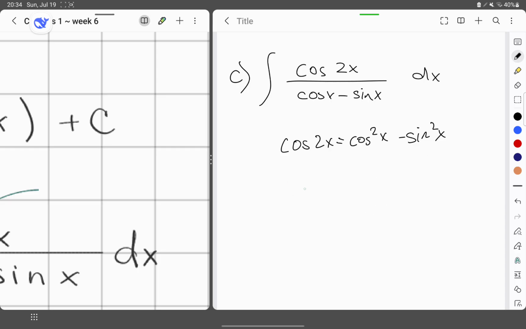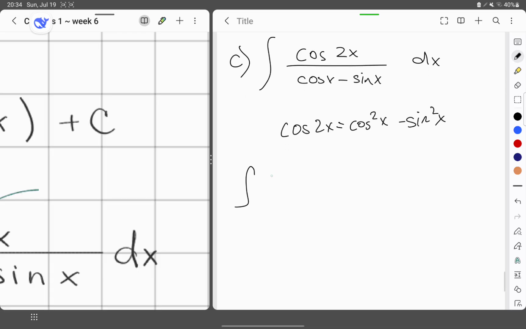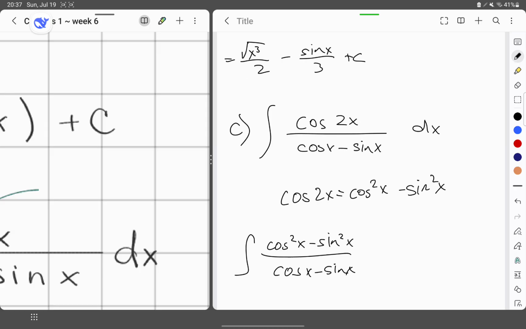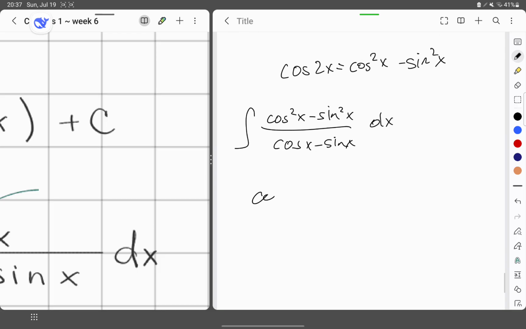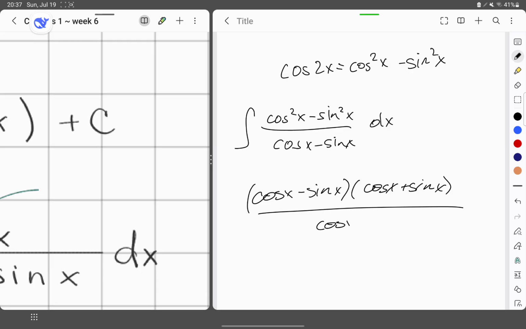Cosine 2x equals to this one, and integral of cosine square x minus sine square x over cosine x minus sine x, okay, it will be dx. It will be cosine x minus sine x times cosine x plus sine x over cosine x minus sine x.